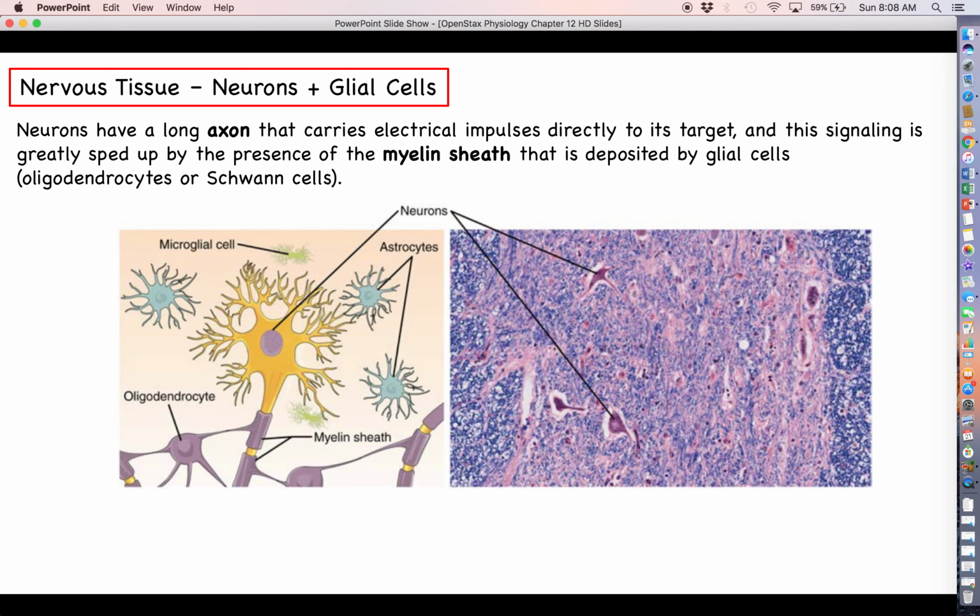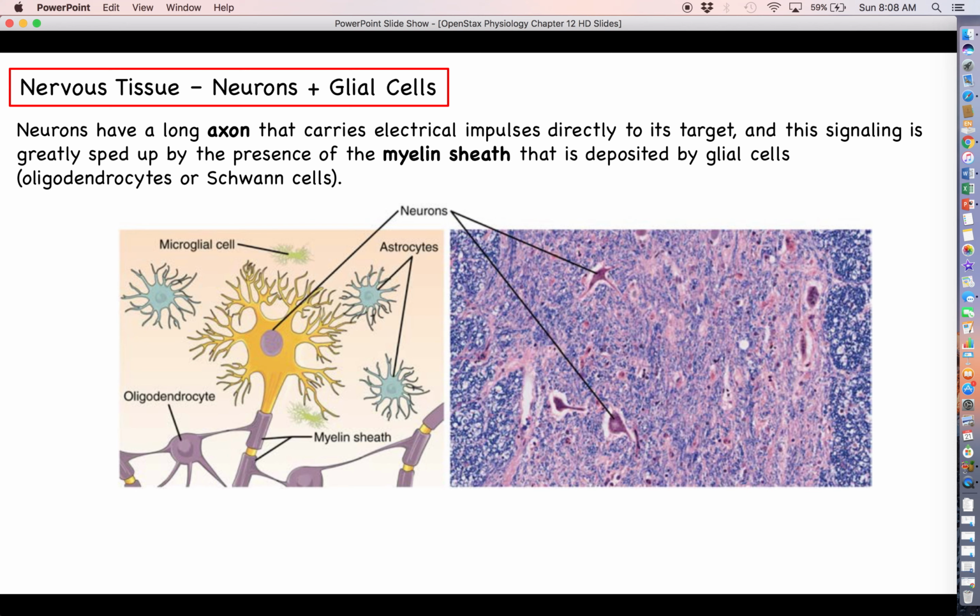It's basically like an insulation that surrounds the axon, not unlike the way rubber insulates a lot of our electrical cables. Whether you're talking about the power cord for your TV or the charging cable for your phone, you need insulation in order to get an electrical message to transmit properly.